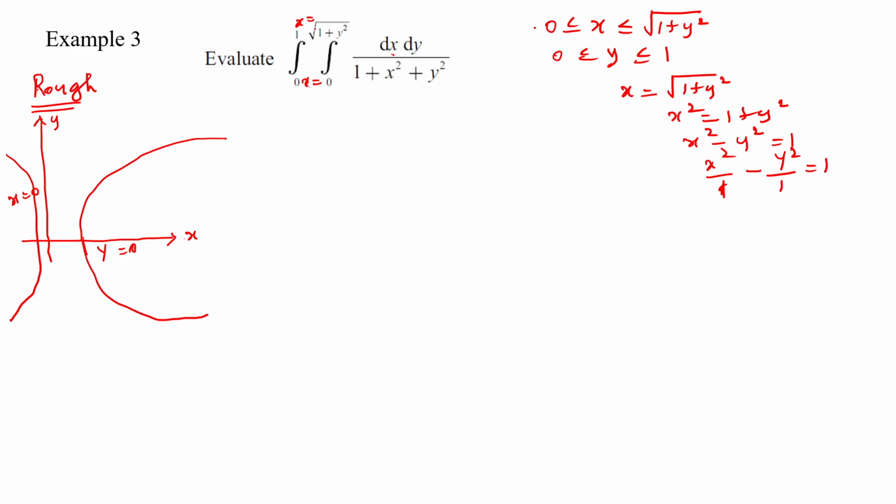Sorry, x equal to 0 to x equal to 1. The inner integration is x, so draw the line parallel to x. What is the starting point? X equal to 0, and then the hyperbola, and then y equal to 0 to 1. In case y equal to 0 is here, y equal to 1 is here.